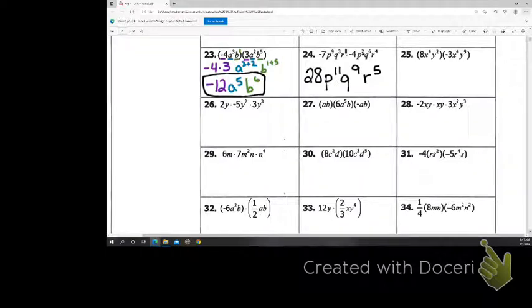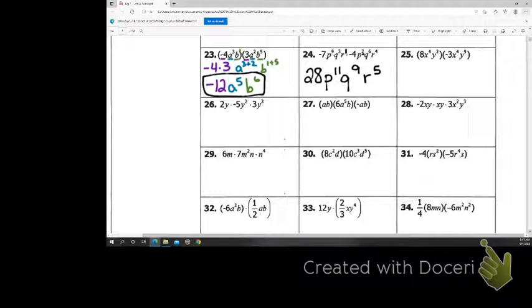So don't lose track of if there is a variable without an exponent, it counts as 1. So you don't want to leave those off. Down in the bottom row that's currently on your screen, I'll talk about a few of those because they have fractions.